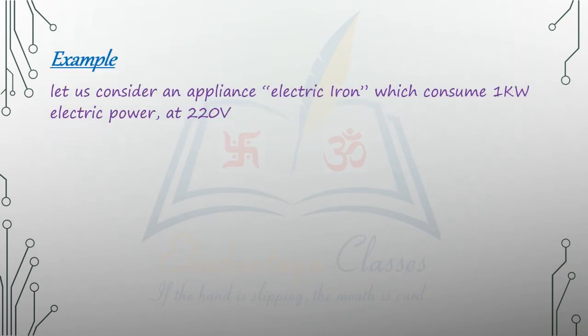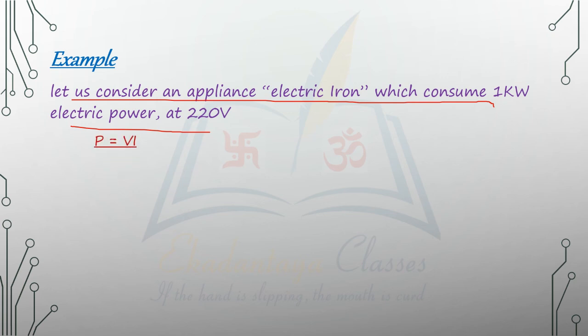Let's consider an example and solve one problem. Let us consider an electric iron which consumes 1 kilowatt of electric power at 220 volt. What is given? Power is given and voltage is given. We know that P is equal to VI.